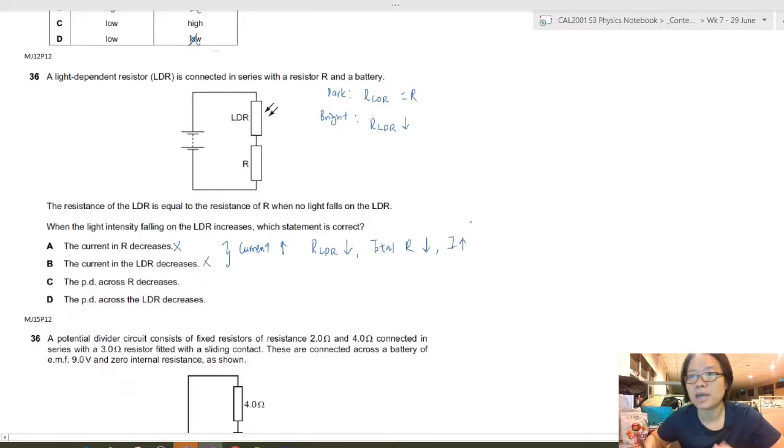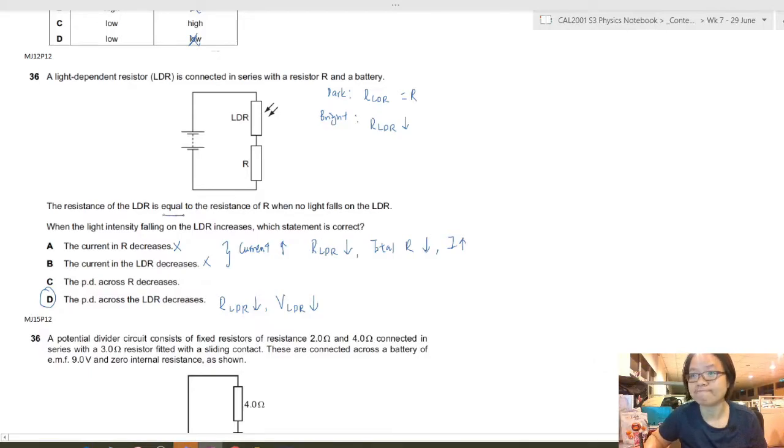Okay, so A and B, throw away. Potential difference across R decreases, or potential difference across LDR decreases. Of course, it will be across the LDR that is decreasing, because the resistance of the LDR decreases, so the potential difference across the LDR will also decrease in proportion. Potential difference across R will increase because of ratio. Previously, let's say for example, my resistor and LDR are 1:1, half and half. How do I know it's half?